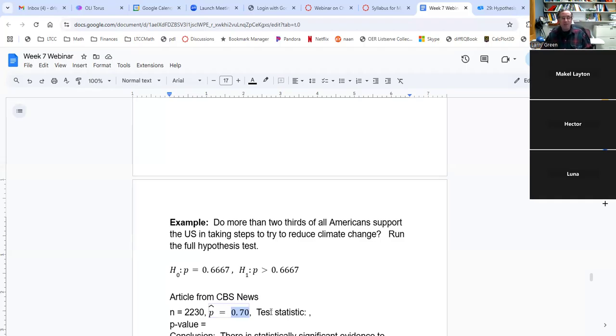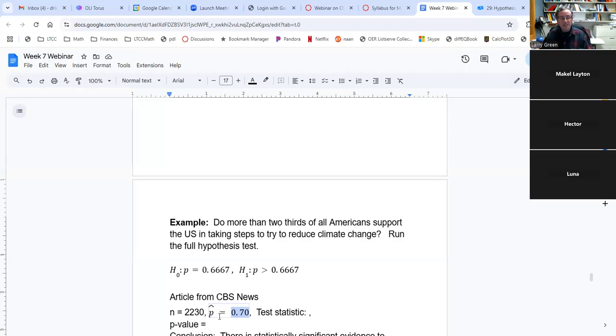Okay, it gave the sample proportion and it gave your sample size. So how do I get X? Ideas? X is the number of people who said yes, by the way. That's what X means from the survey.